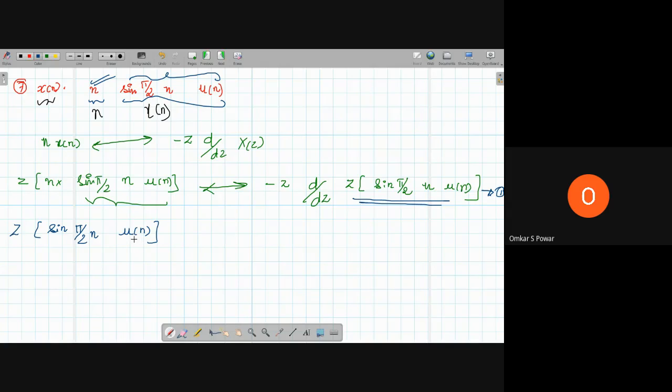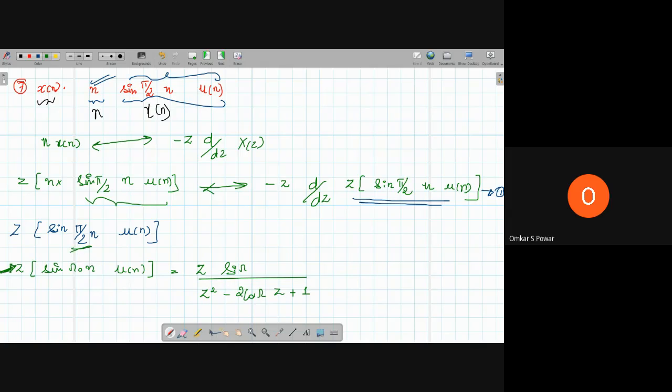What's the formula? Here you have to remember. I have solved one problem, the z transform of sine omega naught n u of n. Go back to the last two classes, where I have solved this problem. You have to remember this in order to solve this kind of problem. The z transform of sine omega naught n u of n is nothing but z into sine omega divided by z square minus 2 cos omega into z plus 1.